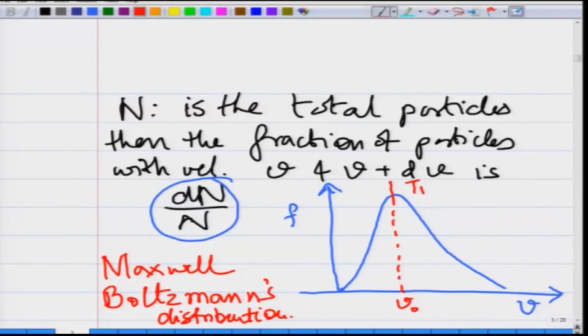If you increase the temperature, then say you go to a higher temperature, the average value will move to a higher value V1 and the velocity distribution will spread. So, in the kinetic theory of gases, you have this Maxwell-Boltzmann distribution of the velocity of the particles, and I am sure you have been exposed to these concepts when you have studied statistical mechanics and kinetic theory of gases.